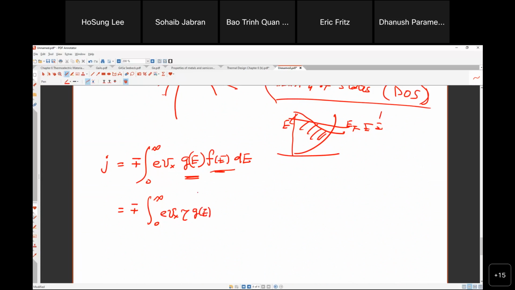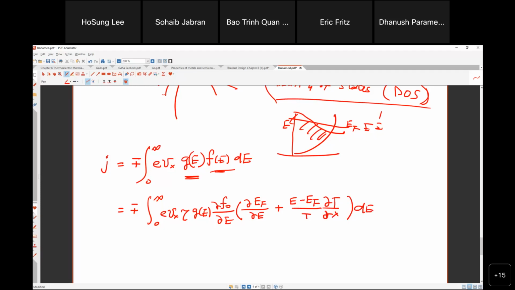Now I can use the Boltzmann transport equation. Just write down the temperature gradient, dE.